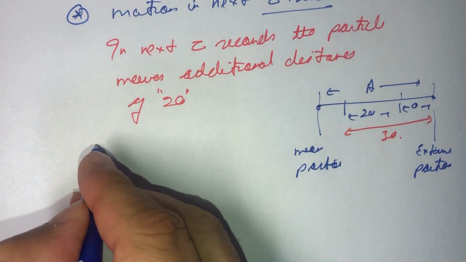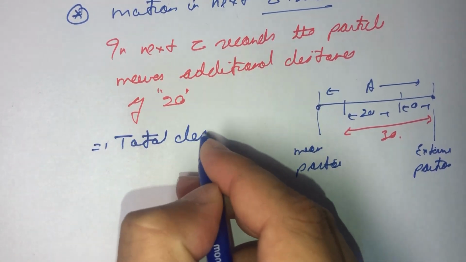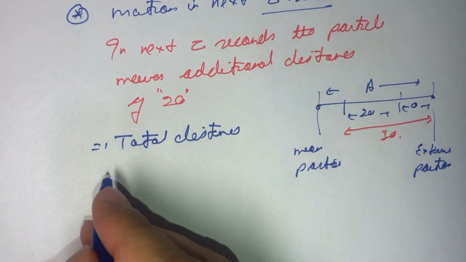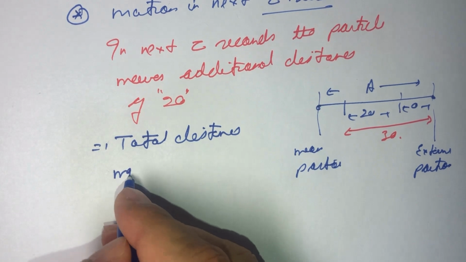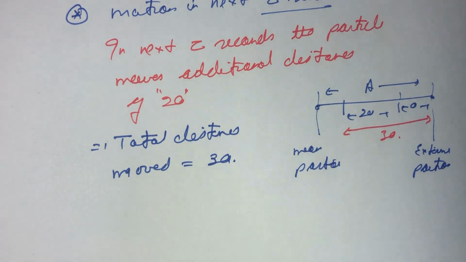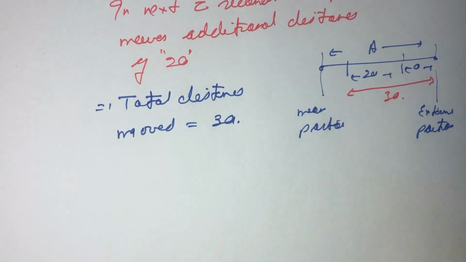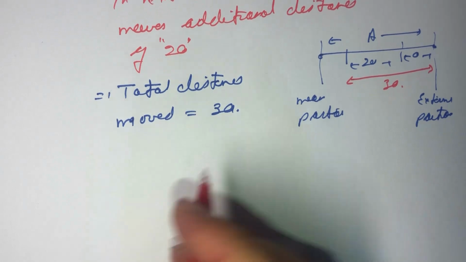Therefore, we can say the total distance moved is equal to 3a. So we can write the equation for the next tau seconds.